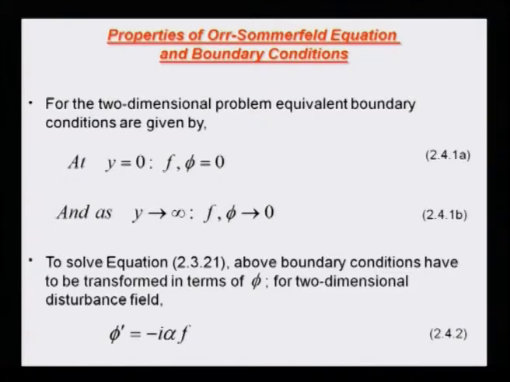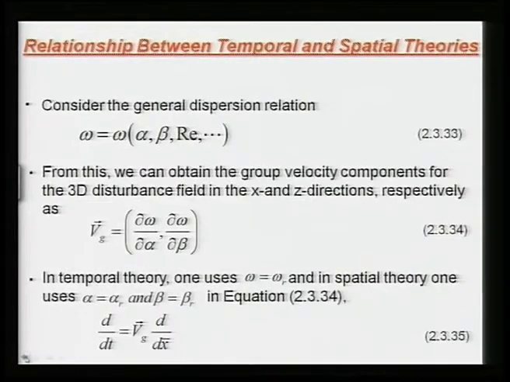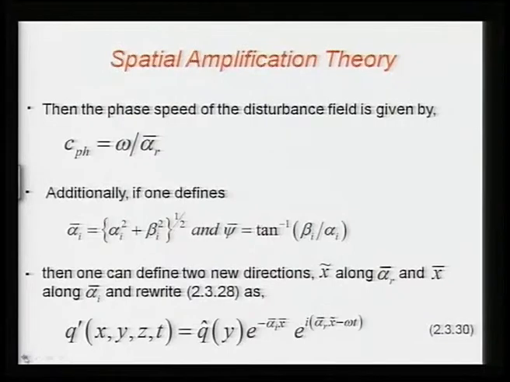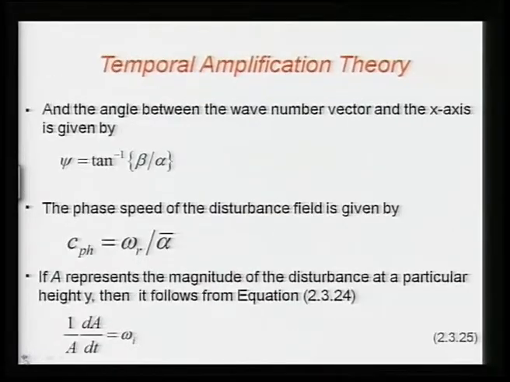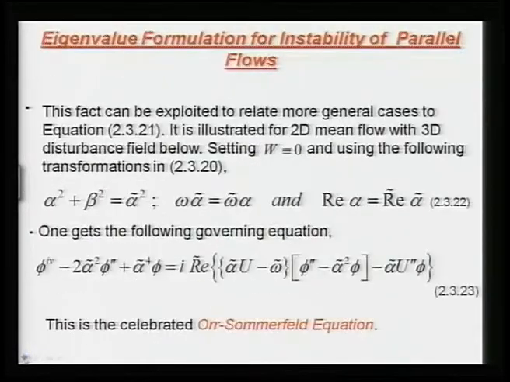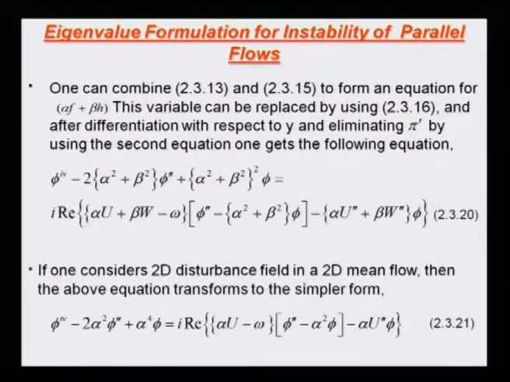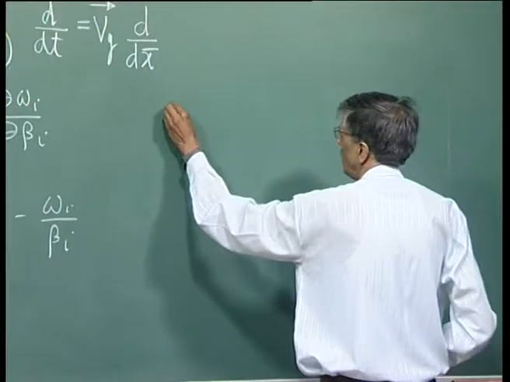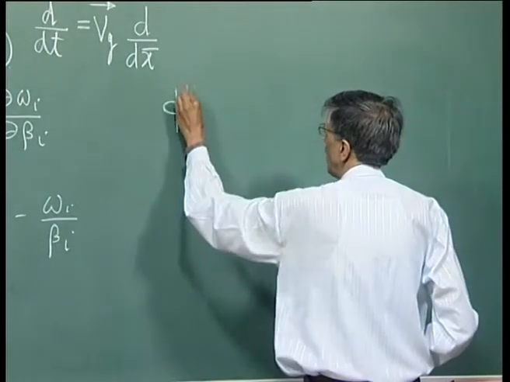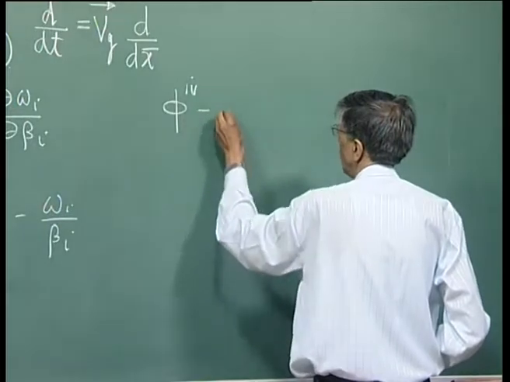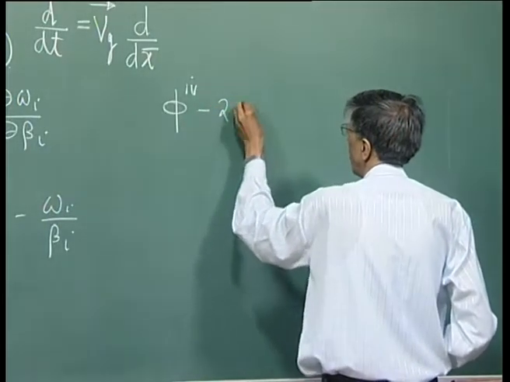Now, what is this equation 2.3.21? Let us hunt it back. So, we are basically writing down the Orr-Sommerfeld equation, phi 4 minus 2 alpha square phi double prime and so on.